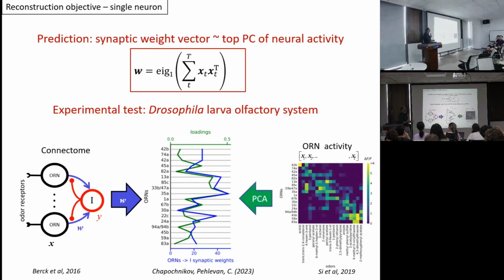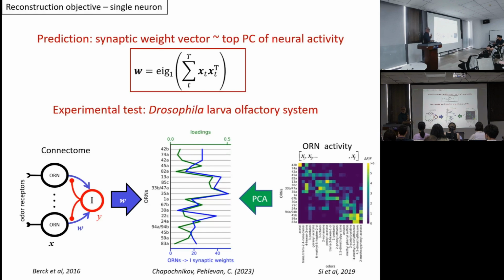Where is the data on I in your... So I is this postsynaptic neuron? Yes, but you don't have data on that. No, I don't. So how are you going to reconstruct the synaptic weight of I? Oh, the synaptic weights were measured anatomically from connectomics. What happens in the fly is that all synaptic contacts are approximately of the same size, so you can just count the number of contacts that two neurons have, and that's a good approximation of synaptic weights.